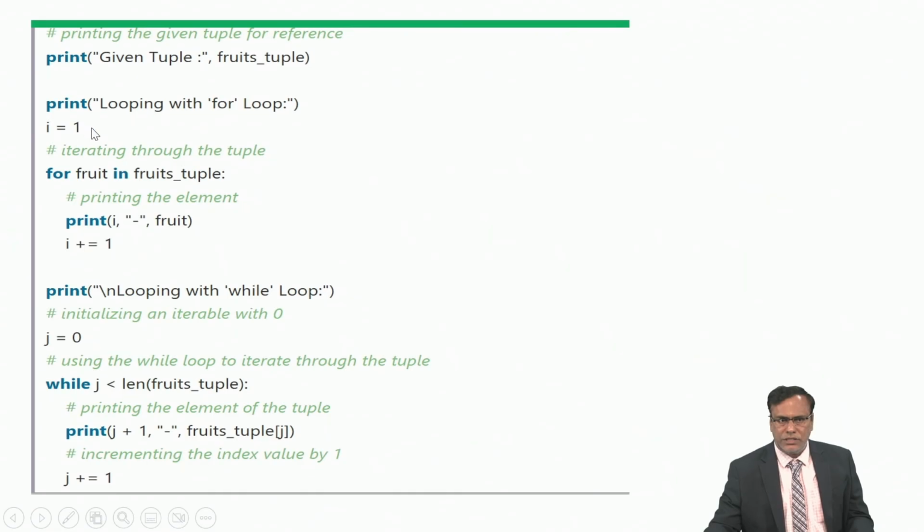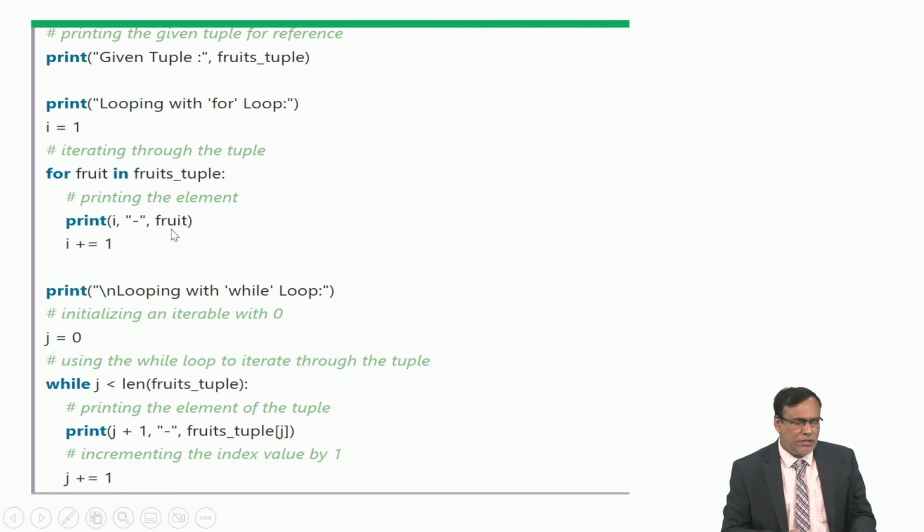I am iterating over it. So for fruit in fruits tuple, print that fruit. This tuple also follows 0 based indexing. If you don't want to use this statement, no problem. Only using for fruit in fruits tuple, print fruit, we can get it displayed.